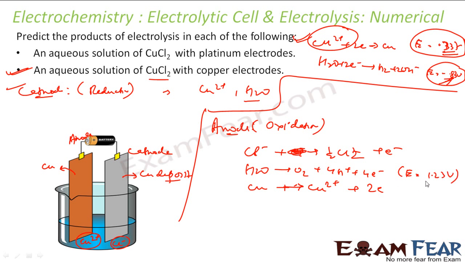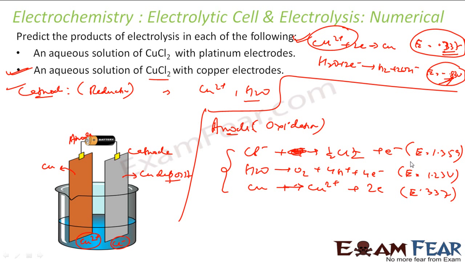I am writing reduction potential for all. This is also plus 0.337 reduction potential. And this, chlorine Cl- becomes Cl2, that is 1.379. In all these cases, I am having oxidation, but I wrote reduction potential.